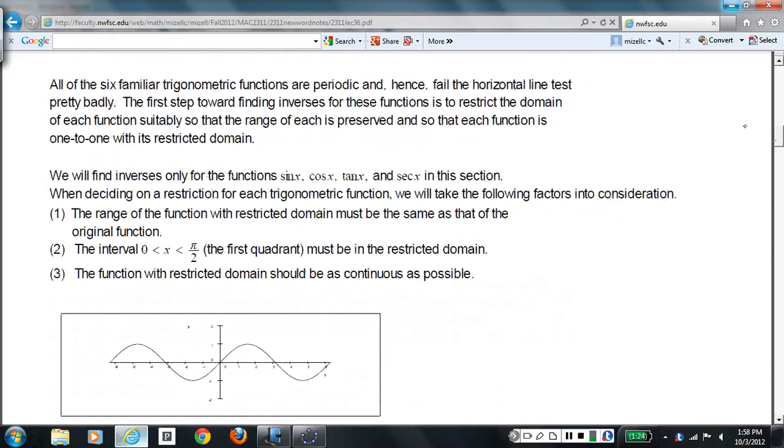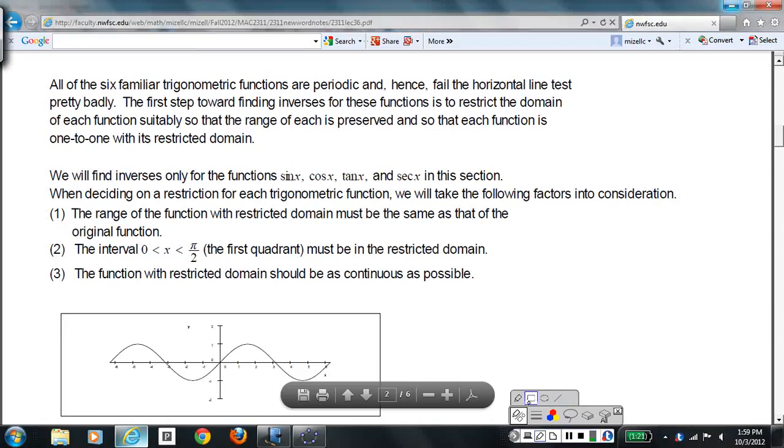I go through and just review some trigonometry. If we've got the sine function, there's a graph, it's not one-to-one. So if you want to define an inverse function, we have to chop off most of the domain so that we're left with something where it is one-to-one on the domain. Basically, we want to be left with just this much.